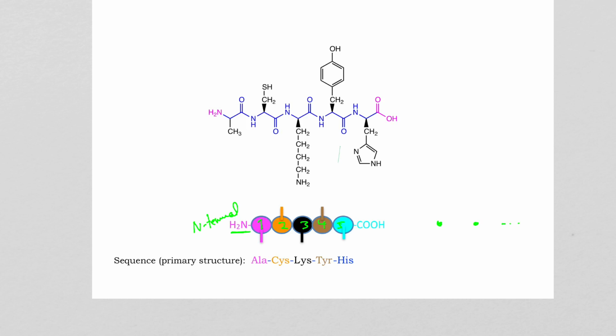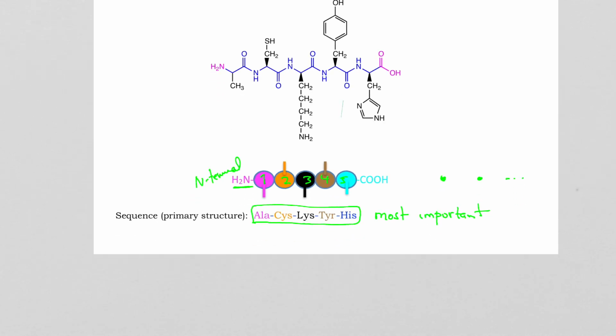Okay, so this is called the primary structure or the sequence of a protein. And this is the most important structure. We will talk about other kinds of structures, but this is the most important structure for the polypeptide chain.